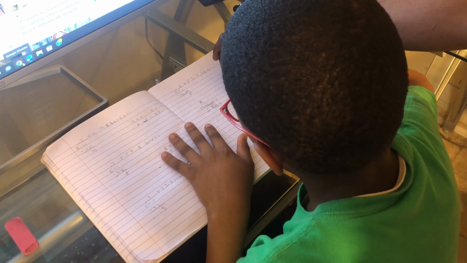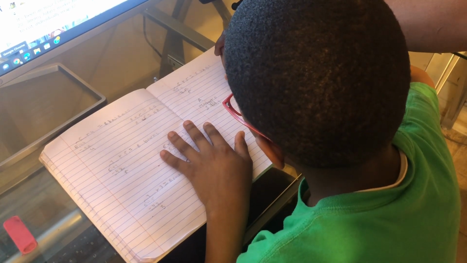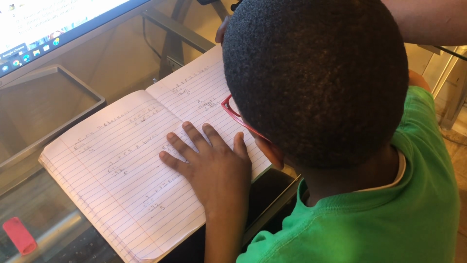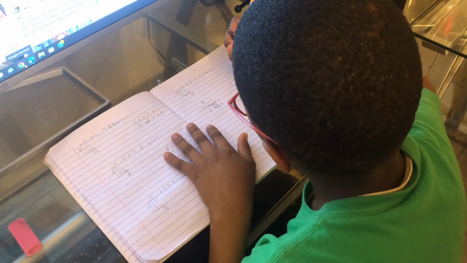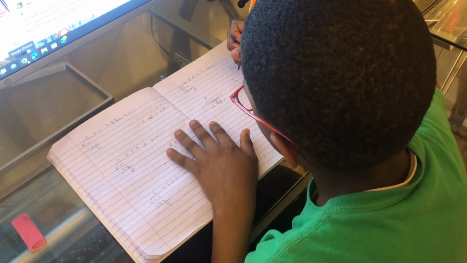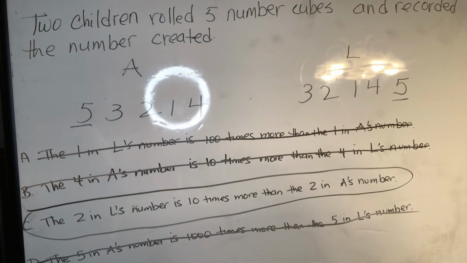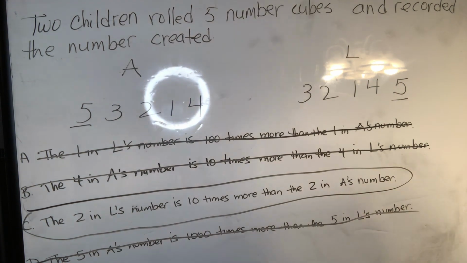If it was only 3 places away, it would be thousands. But in this case, it's 4 away, so it's 10,000s, so this one is wrong. Choice D is definitely wrong. Jamia was correct. Our only correct answer is C.